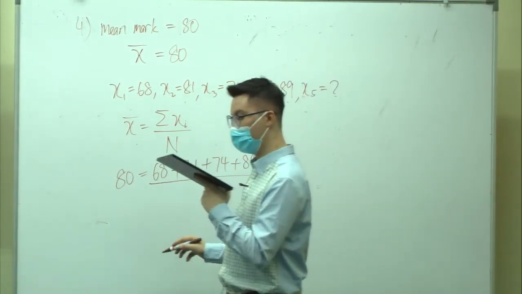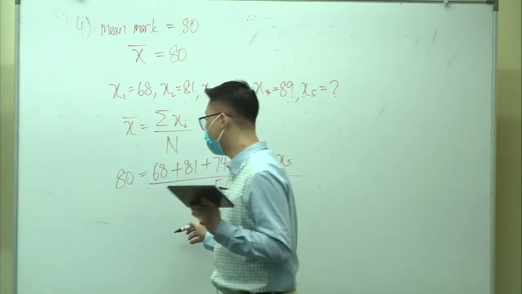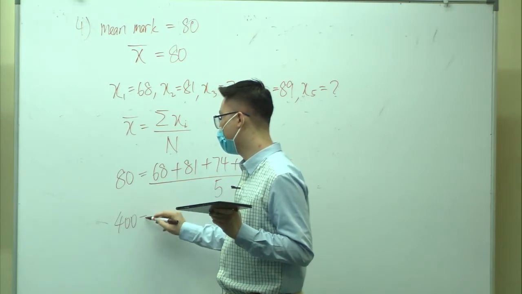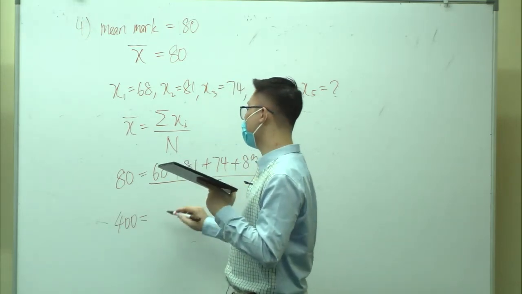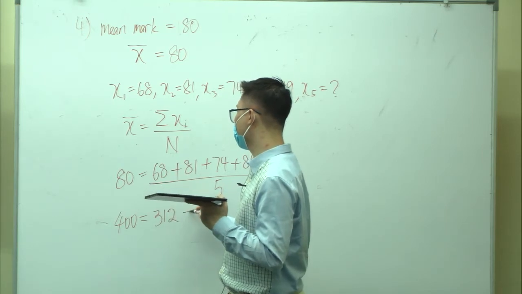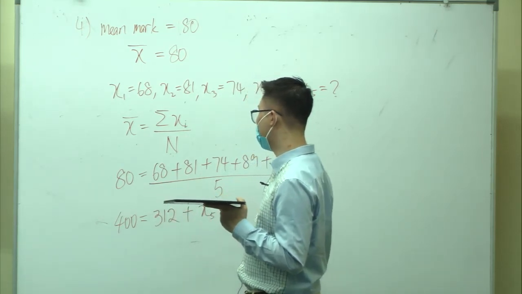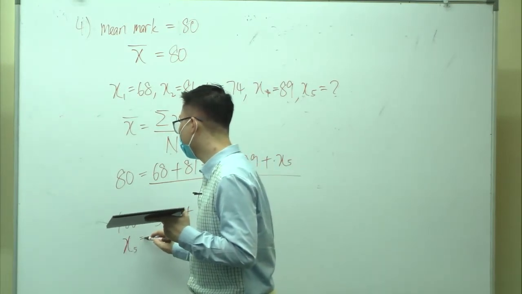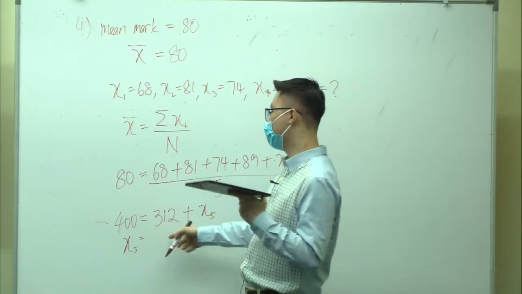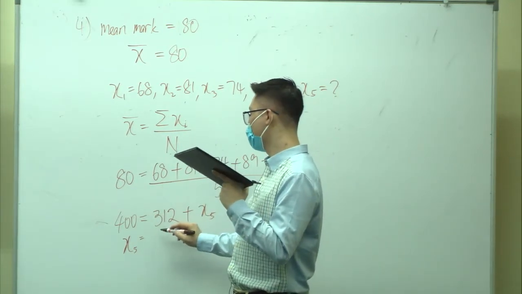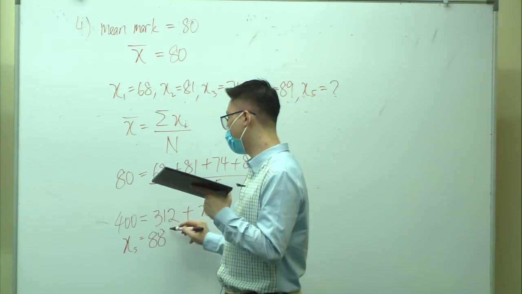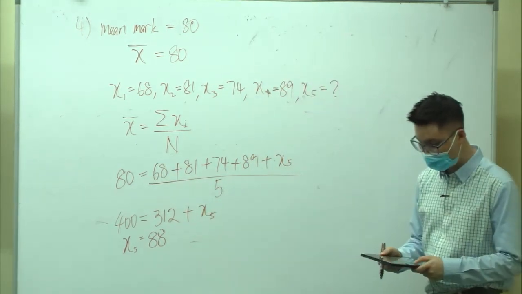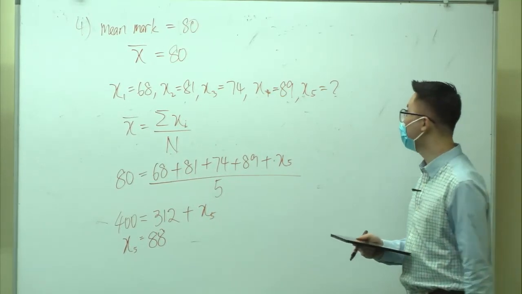Take the denominator times 80, it becomes 400, equal to this one simplified, 312 plus x5, the fifth test. So x5 will be equal to 400 minus 312, which is 88. So the answer is 88. Got it?